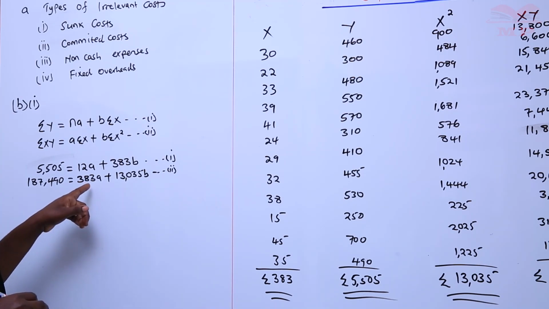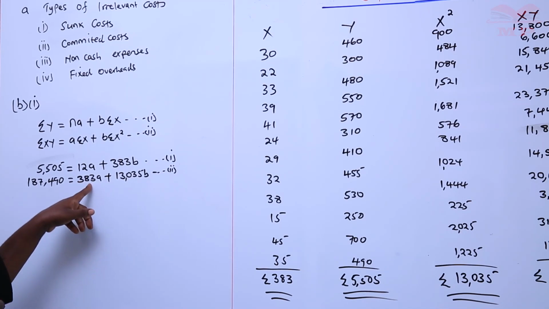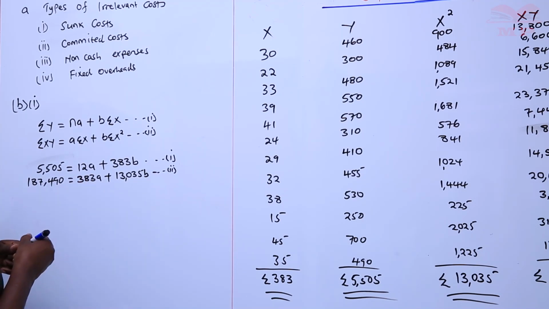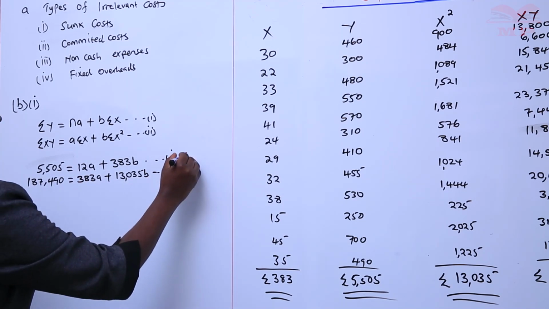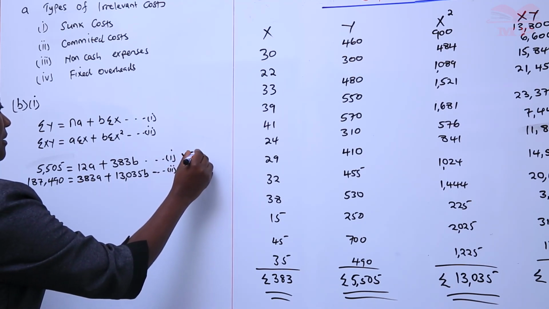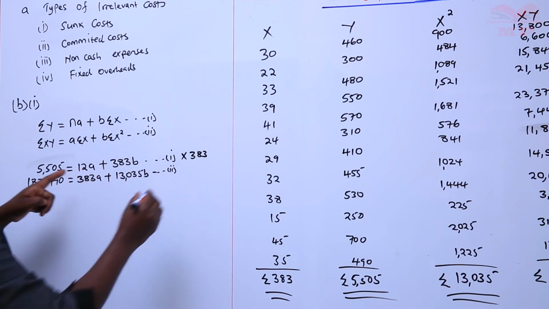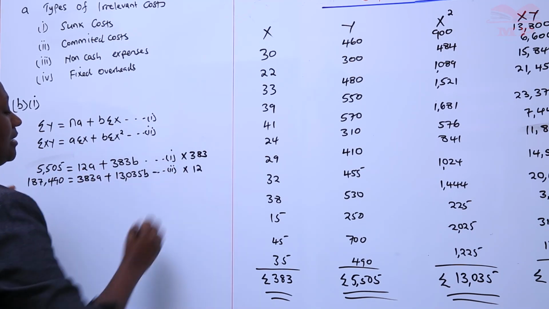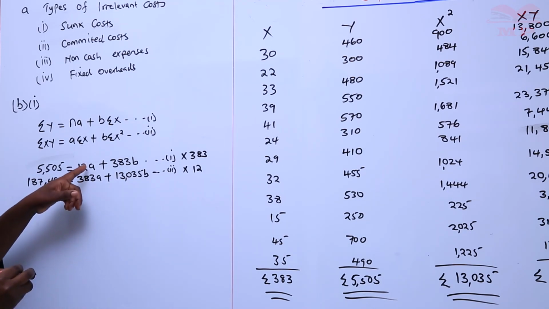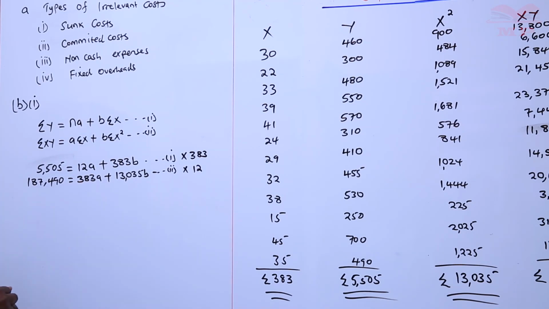We want to make the figures at a equal so that when we subtract, we make this a 0. So we take 383 and multiply it by the first line, and take 12 and multiply it by the second line. This will help you to have equal values at a, and the intention is to eliminate a.